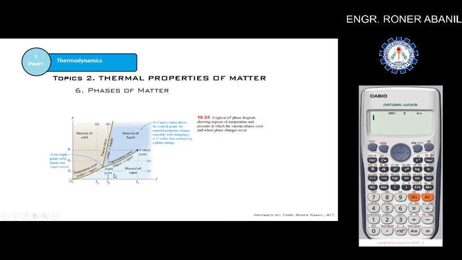So, as shown in the example, each point on the diagram represents a pair of values, pressure and temperature. So, dito yung vapor, no? Pag mataas ang temperature, dito naman yung solid siya, nandito naman kapag liquid siya. Okay. So, only a single phase can exist at each point, except for the points on the solid line where two phases can coexist in equilibrium.